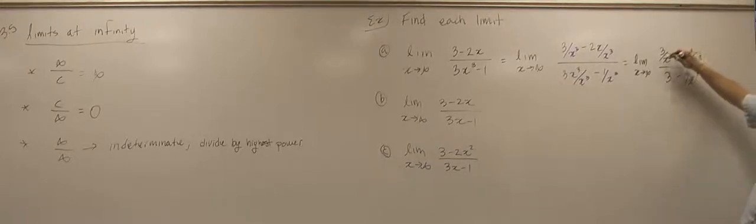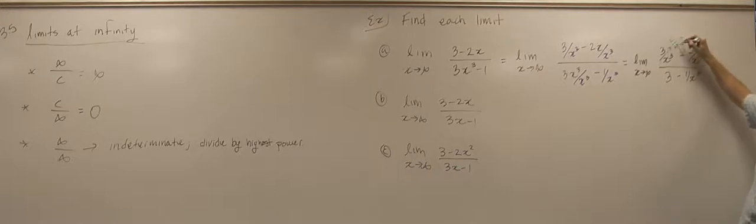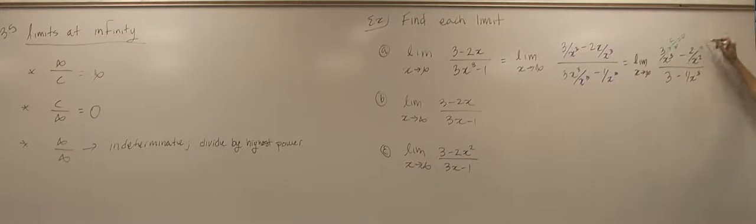Because they're constant over infinity, each goes to 0. So what are you left with? 0 over 3, which is 0.